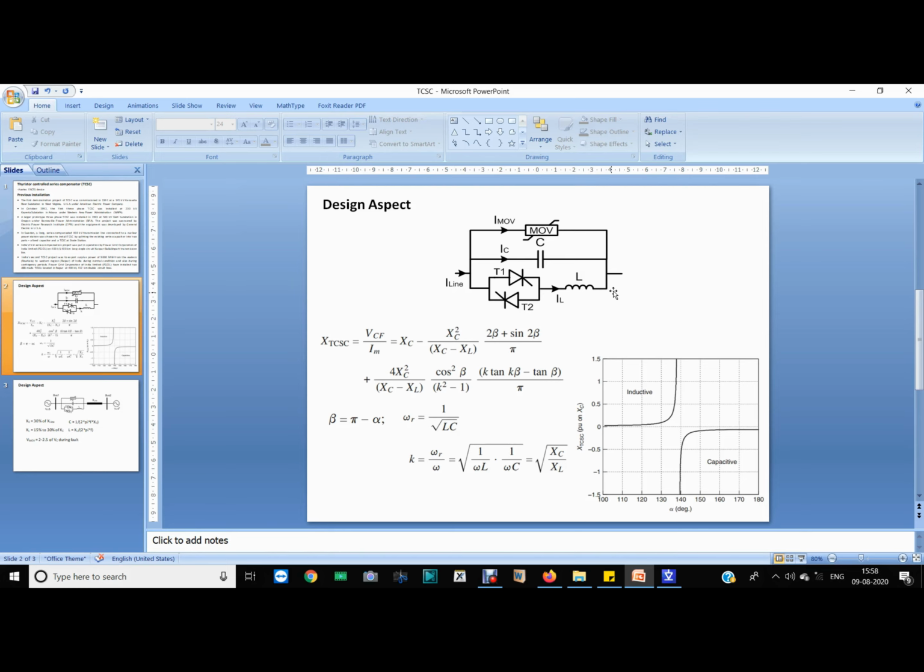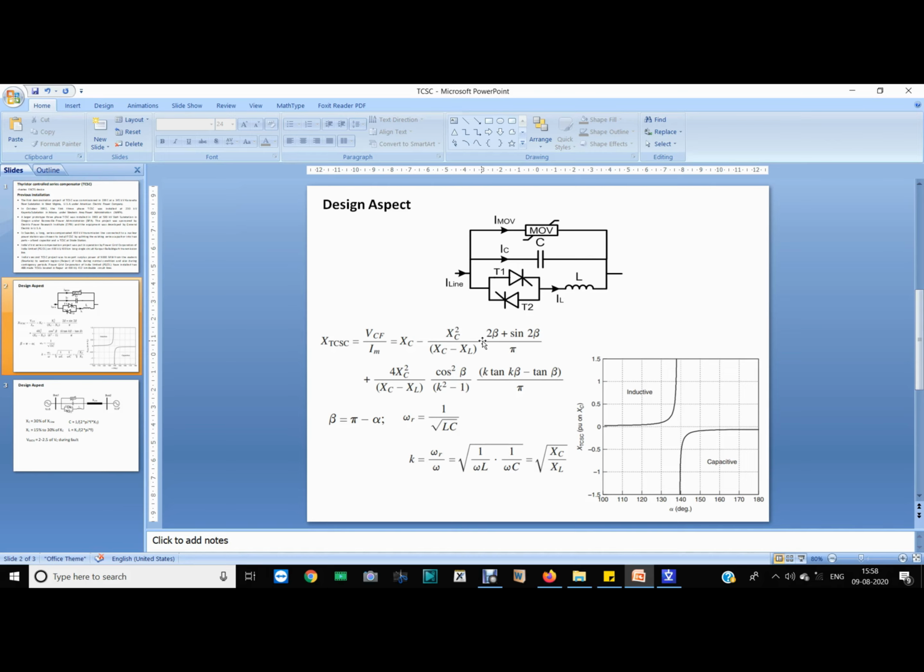Then we will get this impedance as X_TCSC equals XC minus XC square by XC minus XL, where XC is the reactive impedance of C and XL is the reactive impedance of L, right?